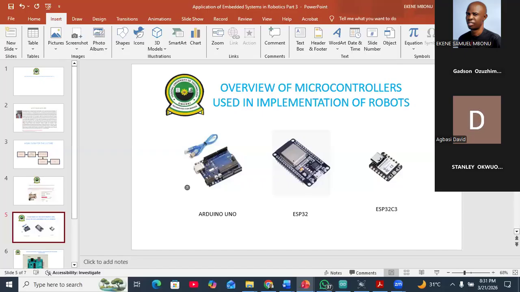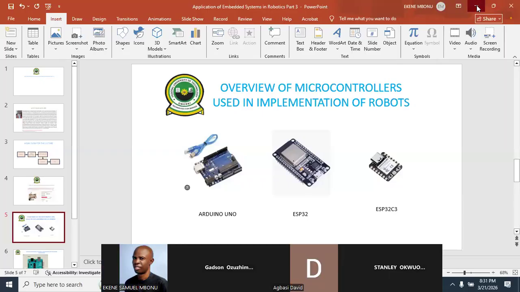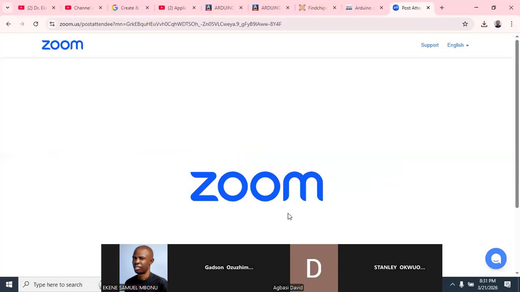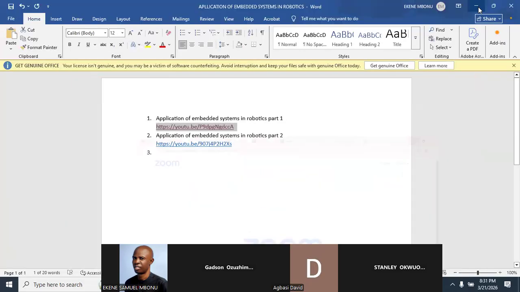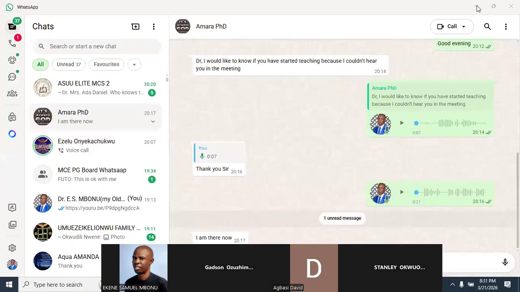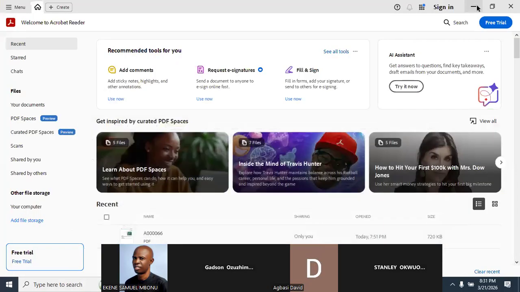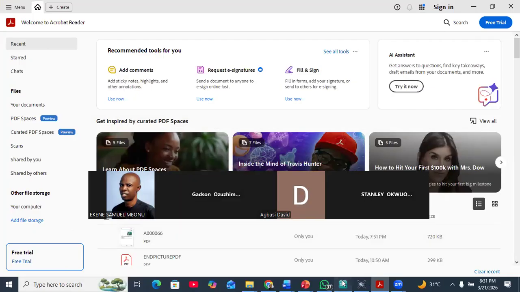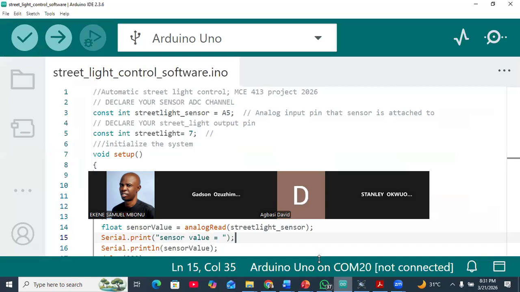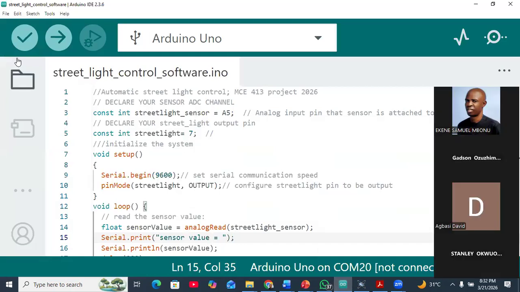Within the Arduino family alone, there are many things there.